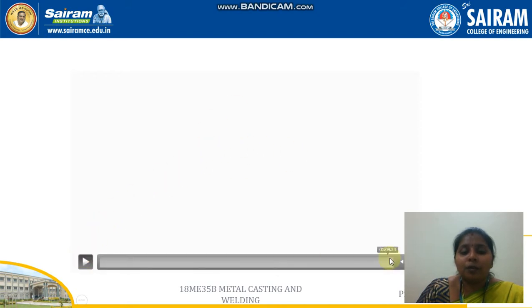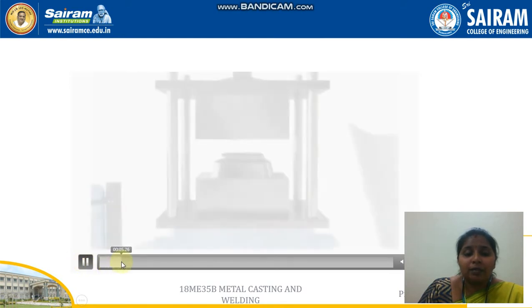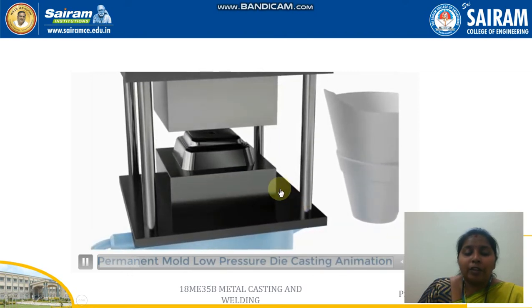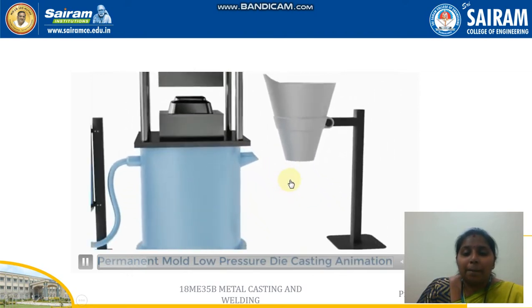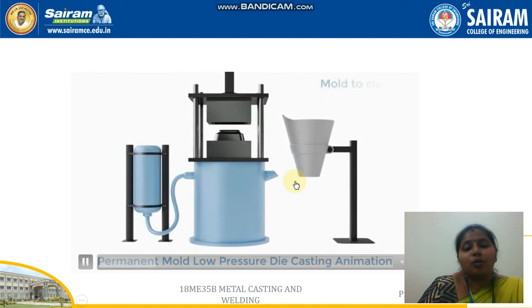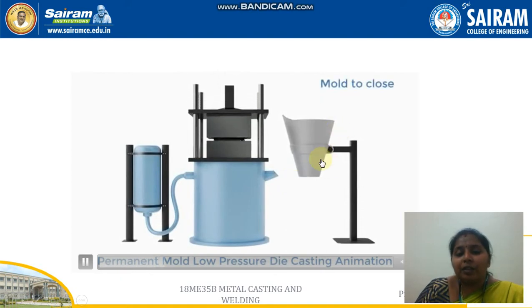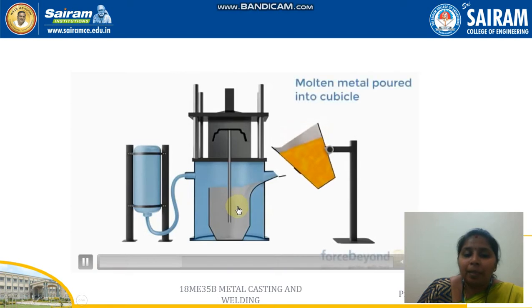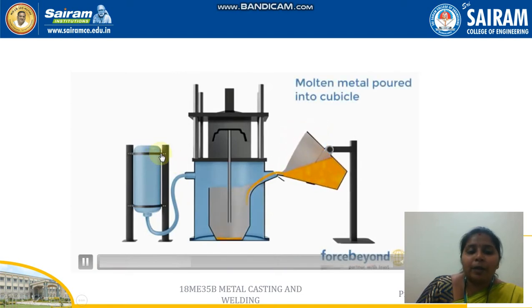Here is a video about how this low pressure die casting takes place. This is the arrangement of a low pressure die casting unit, which is attached with the melting unit. The molten metal, after heating in the furnace, is poured inside this unit, and here is a separate unit for giving the pressure.